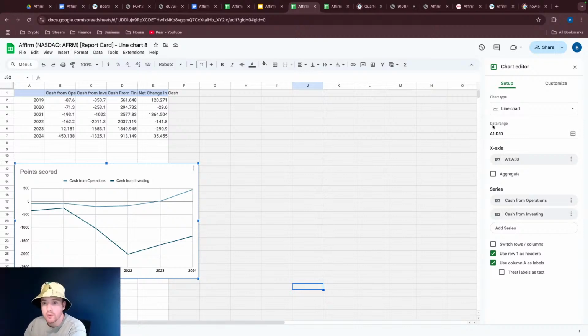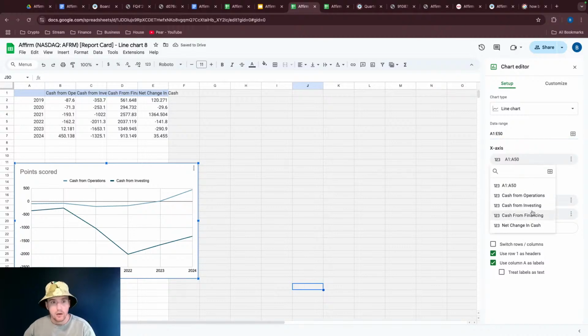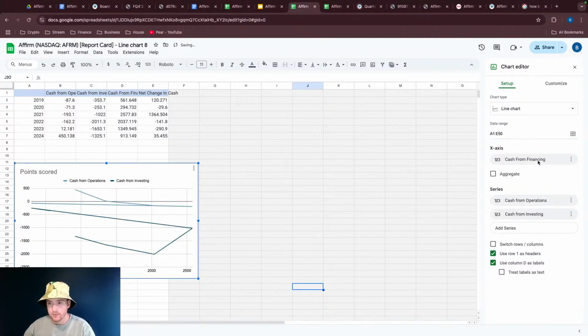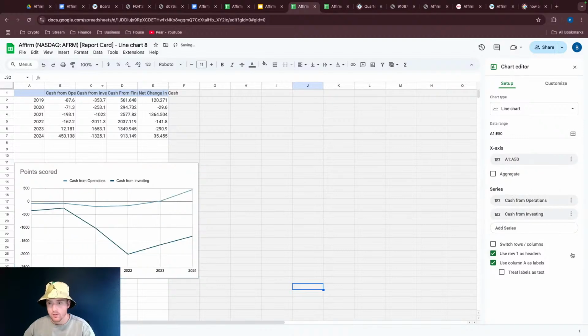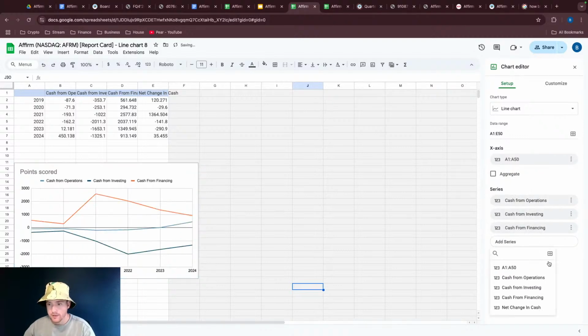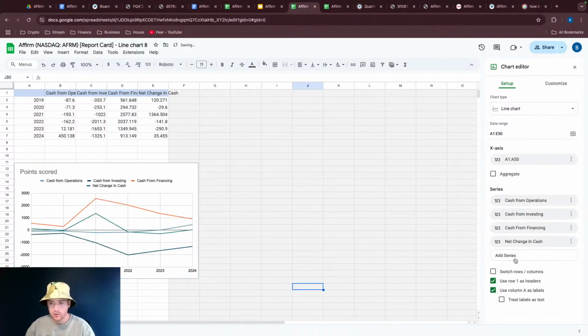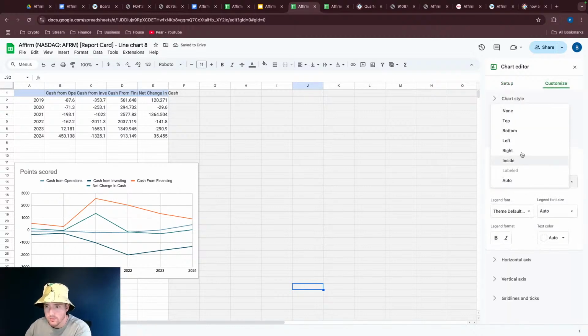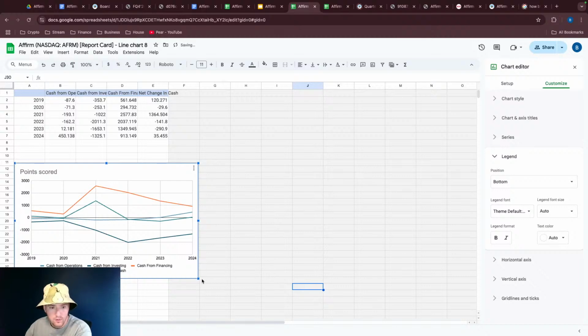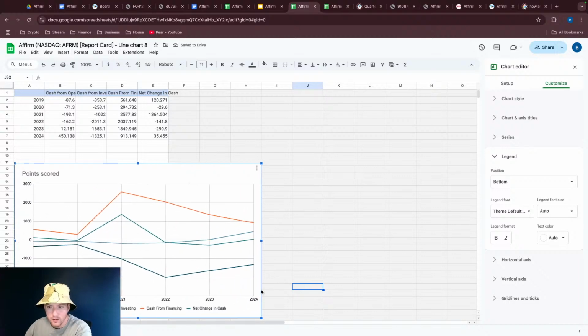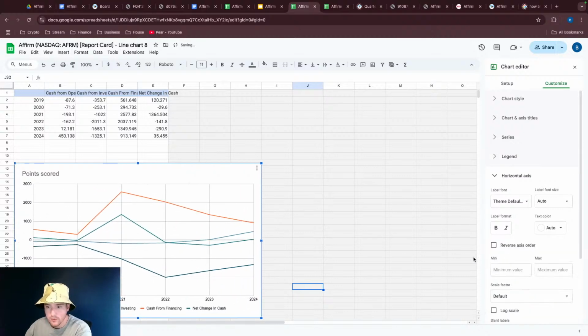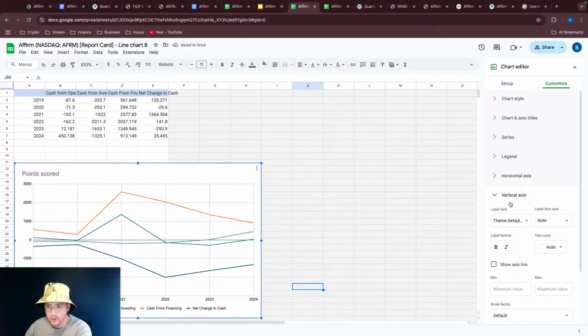Edit chart. We need to change this to E. Bring in financing. Bring in that change in cash. Bottom. Make it bigger. Horizontal. No, we need the vertical.